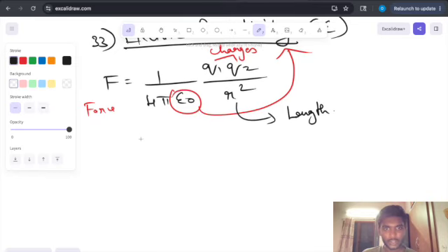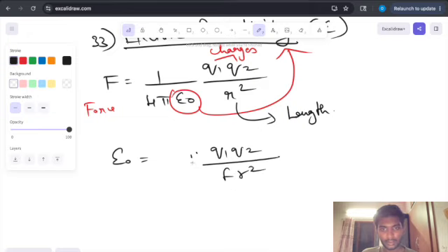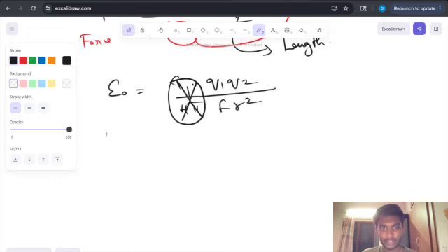Now from this, I should rearrange this formula in terms of epsilon naught. So epsilon naught is equal to Q1 Q2 by F R squared into 1 by 4 pi. I don't consider 1 by 4 pi because it is a constant. So we are going to use this for our derivation.